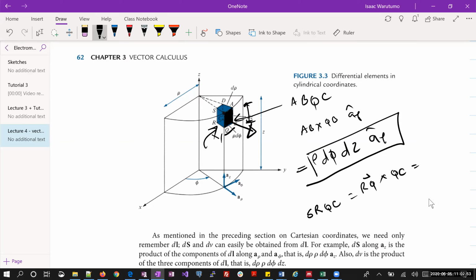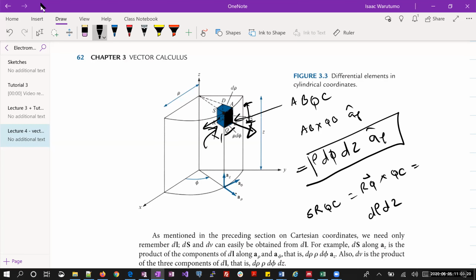RQ we have found to be d rho, times QC, which is dz, and then the direction is going to be outward from the volume, which in this case is opposite of d phi.